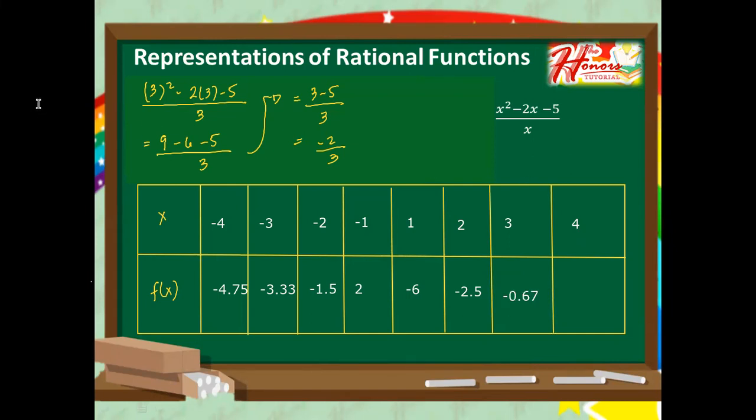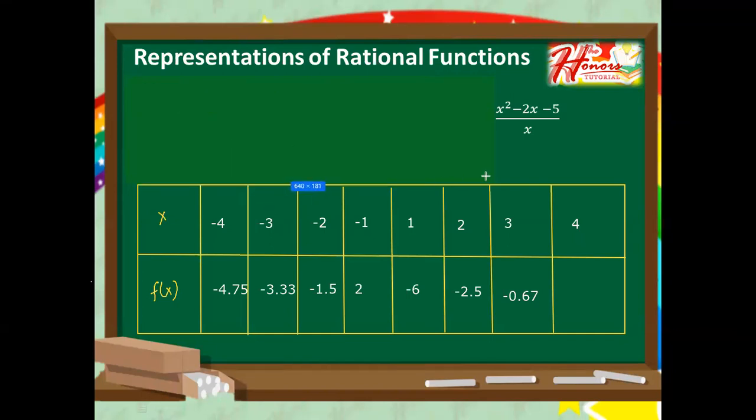Next, let's have the last part. So that is 4. So we have here 4 squared minus 2 times 4 minus 5 over 4. 4 squared is 16.